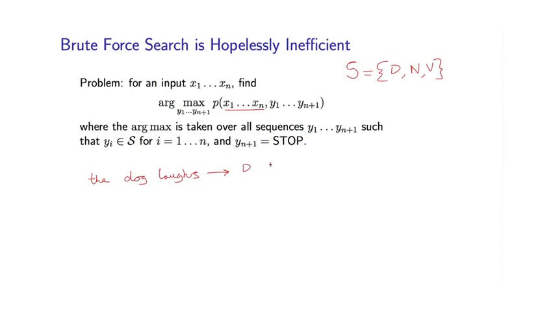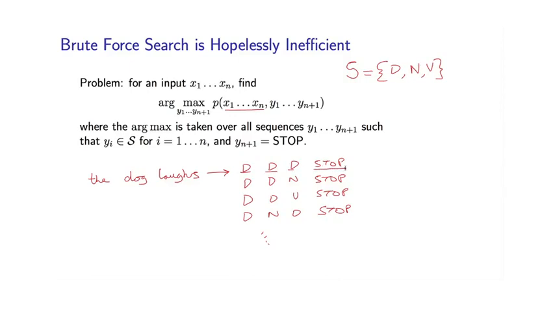So here goes. We have D, D, D, stop; D, D, N, stop; D, D, V, stop; then D, N, D, stop; and so on and so on. Each valid tag sequence simply has one of these three possible tags at each of these positions, followed by the stop symbol.